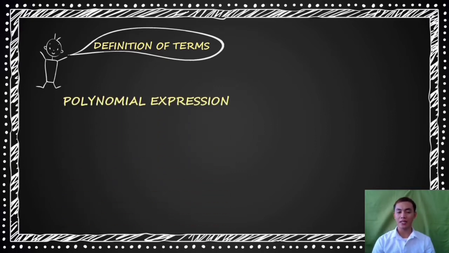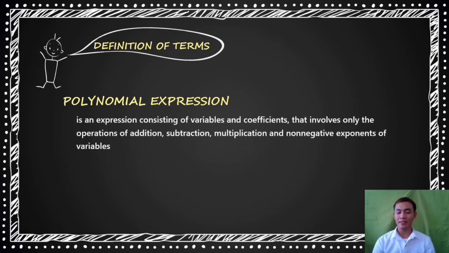The first one is polynomial expressions. A polynomial expression is an expression consisting of variables and coefficients that involves only the operations of addition, subtraction, multiplication, and non-negative exponents of variables. For example, x cubed minus 2x plus 5.